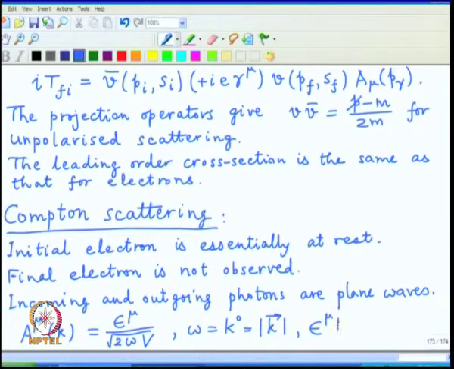So, they will have the transversality property that epsilon mu dotted with k mu is equal to 0, and we will normalize the polarization vector to unity. So, these are all standard properties, and we can write even k square equal to 0 for the photons. And these are the things which we will use in simplifying the algebra which comes out of it.